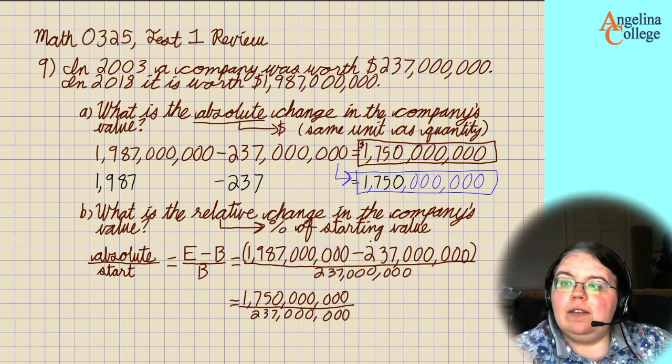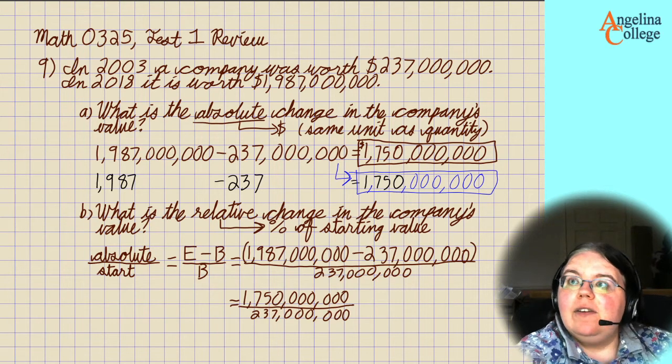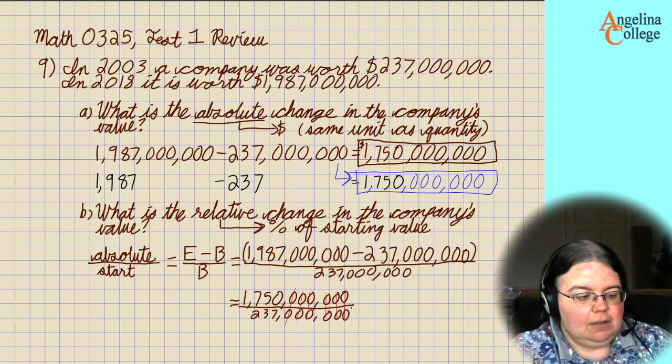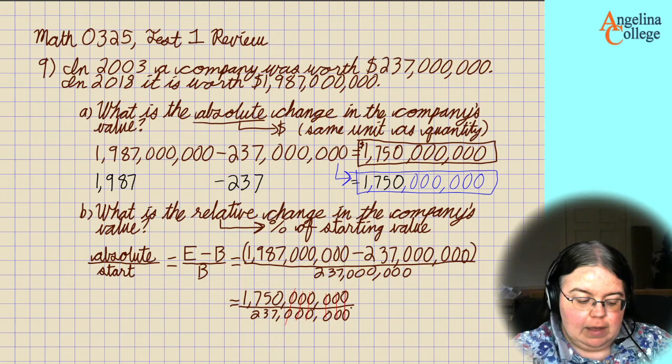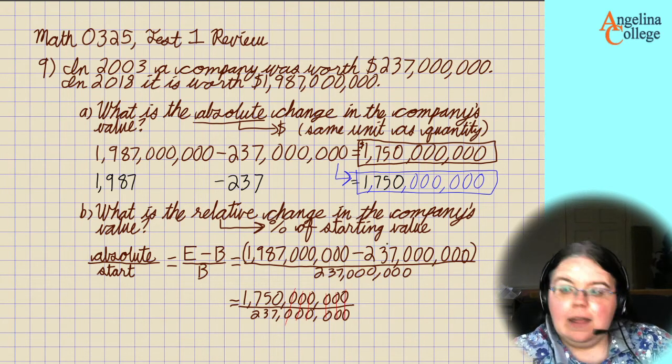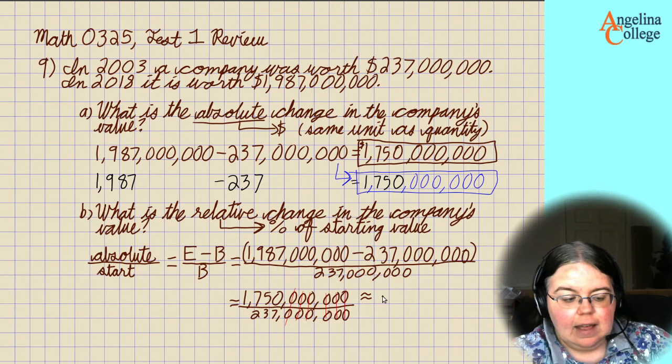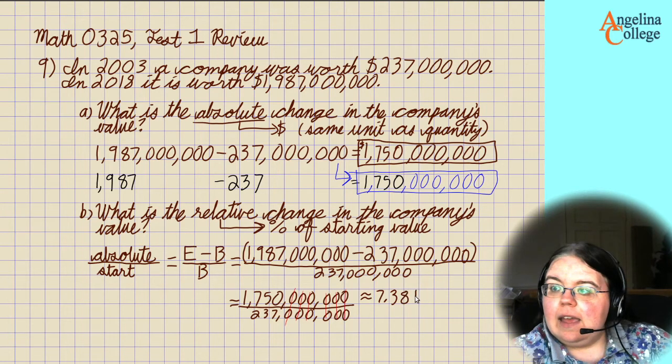So now I'm going to punch this into my calculator, and again, I'm going to be a little bit lazy and cross out paired zeros, factors of 10 in both. Lazy like a mathematician. So then I'm just going to punch in 1750 divided by 237, and I get, well, I'm going to cut this off at a few digits, but I get about 7.384.